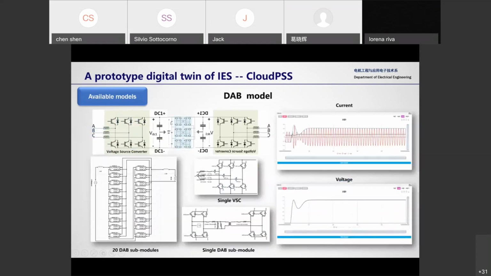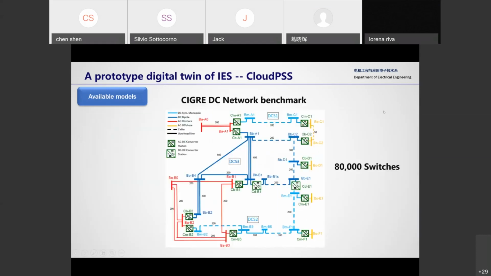This is the model for DAB, which is a key component of the solid state transformer. This is the EMT model of Sydney DC network benchmark.